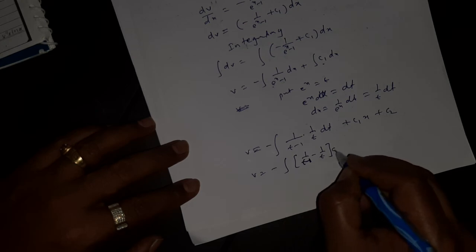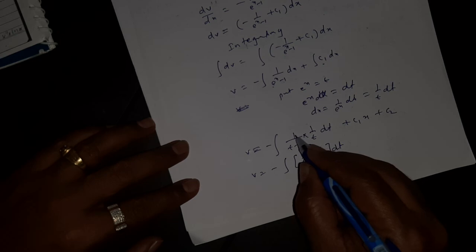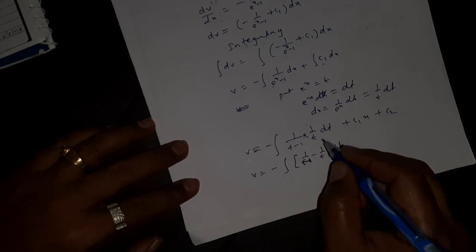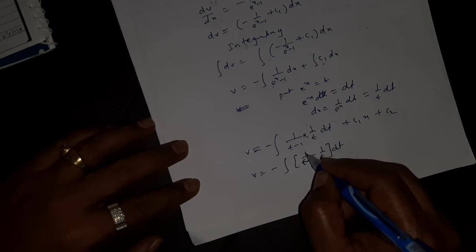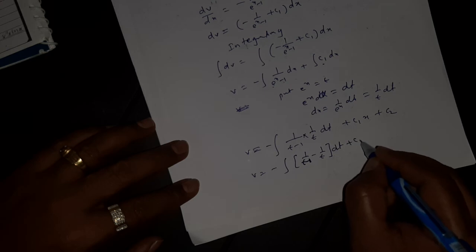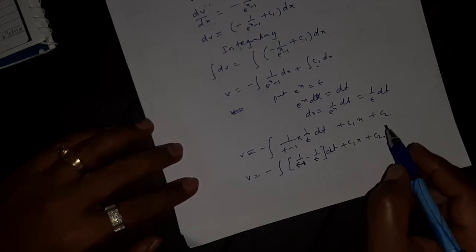Write this as a by t minus 1 plus b by t, and then we find the value of a. a becomes 1 and b becomes minus 1. This is integration by partial fractions. c1x plus c2, what is this? c2 is another constant.